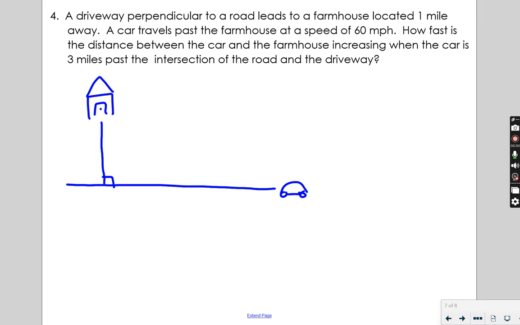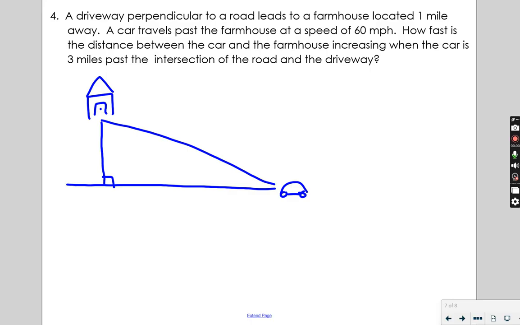What shape does this look like? Another right triangle. Okay, so we might be using trig. Let's see what they give us. How fast is the distance between the car and the farmhouse increasing when the car is 3 miles past the intersection of the road and the driveway? I didn't see anything about angles in there.